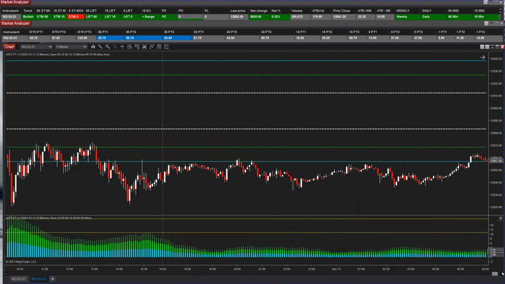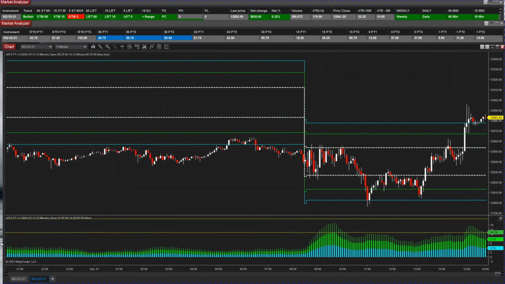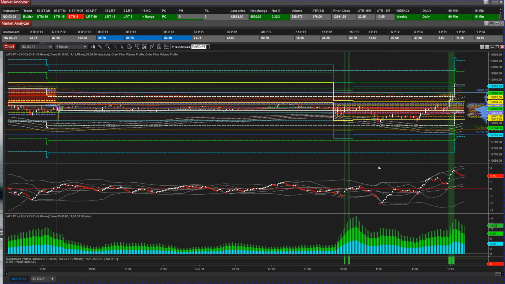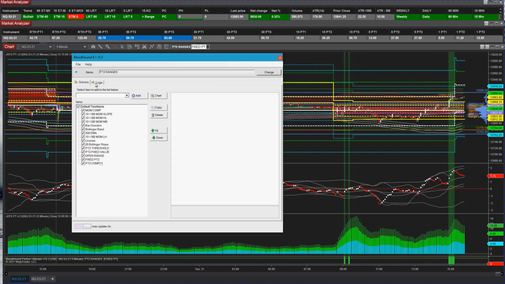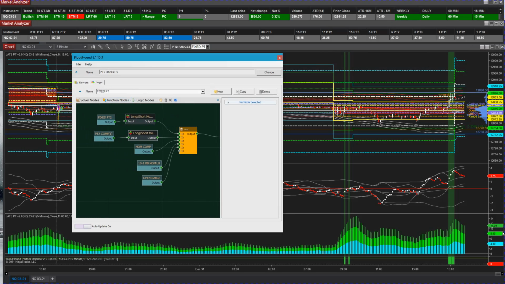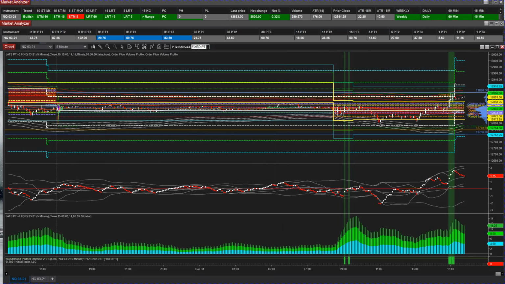So let's put the other chart up, and I've got this coded up for us to take these breakouts. So if we change our logic to, what did I say the default was? 1125, the new range.